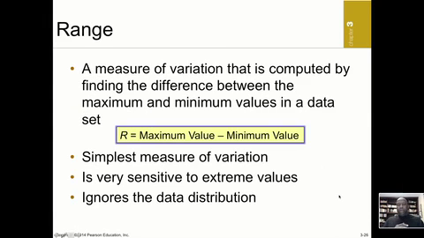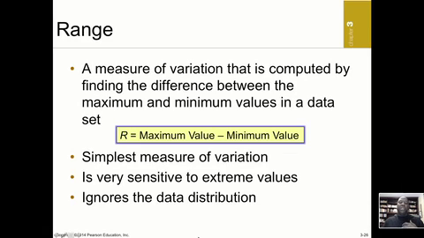Okay, so the very first and very simple measure that a lot of us are familiar with is called the range. What is the range of the grades in an exam? Well, the marks range from 25% to 95%. So the range really measures the extremities, the smallest number to the largest number.